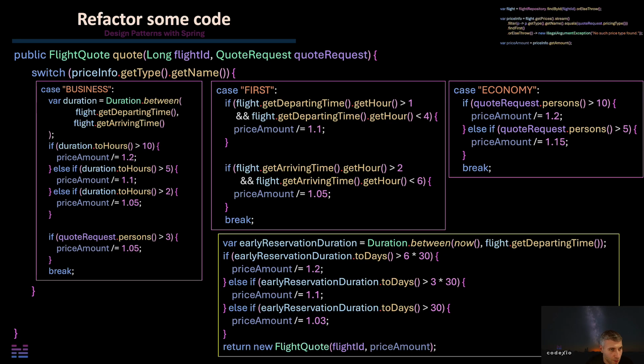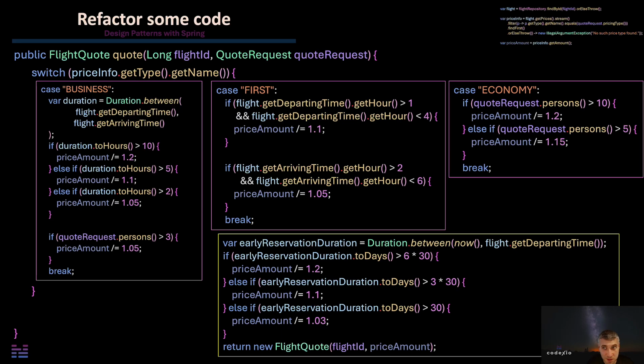This is a very common scenario, not only in a flight ticket quoting system, but any system that I've been involved in was having some kind of these conditionals. So probably it's not something that you haven't seen, probably you deal with this every day, and we need to convince ourselves if there is a problem here. And according to me, there is a problem.